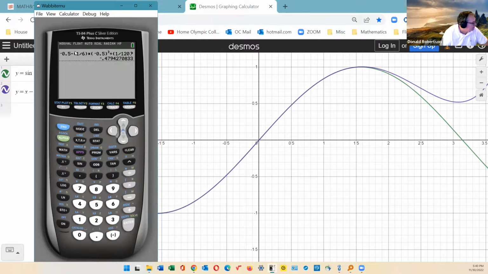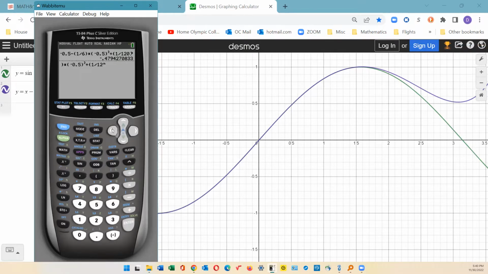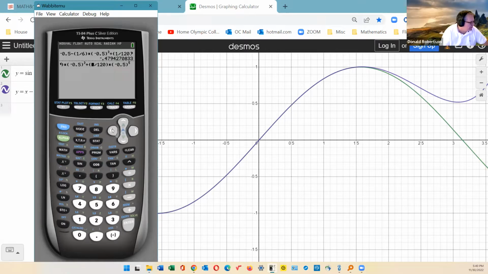Let's check it. Looks good. Kind of screwed up that much. Let's check what I typed. Well, it would be the absolute value of it, right? Yeah, but that would only make the answer positive. It's the 0.479 that I'm unhappy with. And I think it might be that. Let me check it. No.